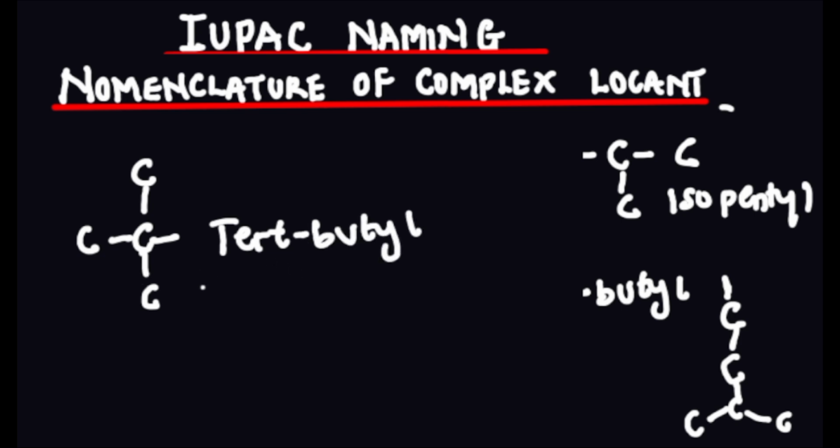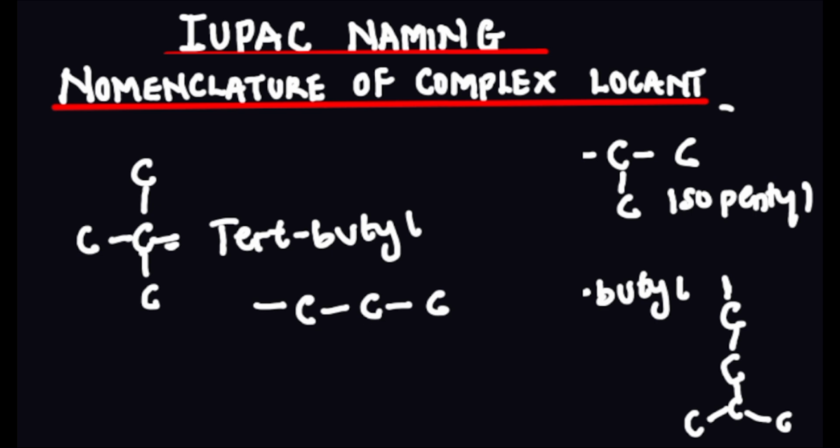In the case of isobutyl, the bond is on the carbon at the middle. That's isobutyl. And in the case of secondary butyl, it's at the first side. So whenever the carbon to which the bond is attached is directly connected to 3 other carbons, that's basically tertiary. And in the case of secondary, let me say the bond here, this is another one.